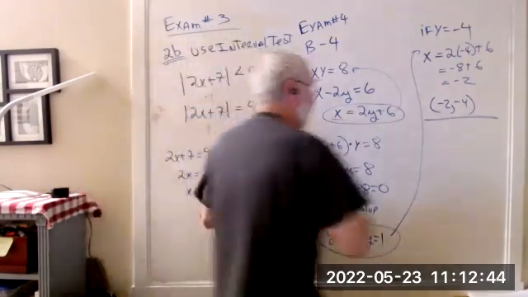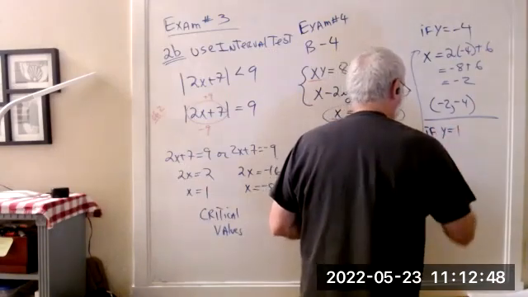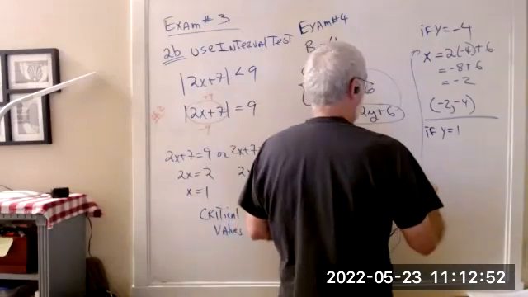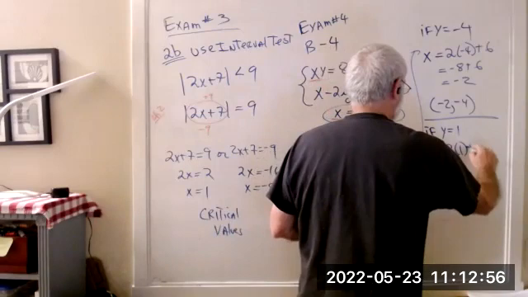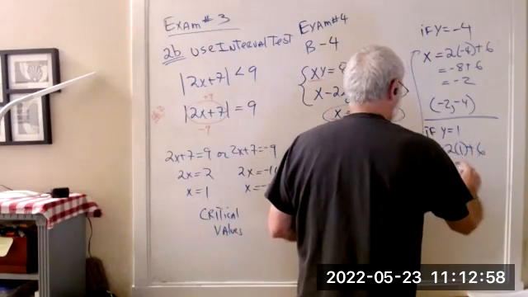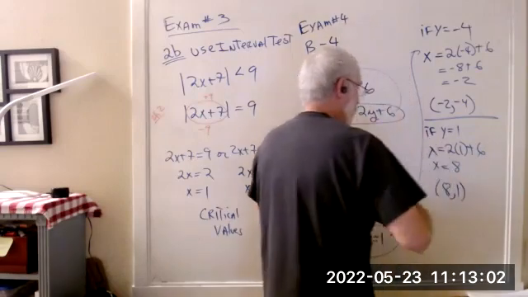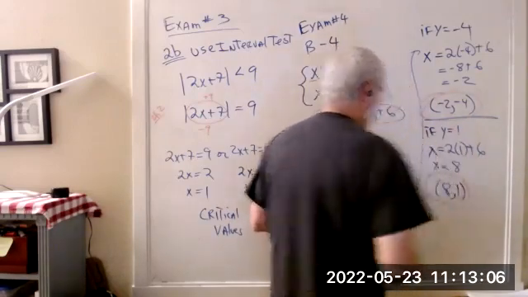But wait a minute, what if y was 1? Okay, we plug it in again. X equals 2 times 1 plus 6. X was 8, so we have 8 and 1. So these are the two solutions to this problem.